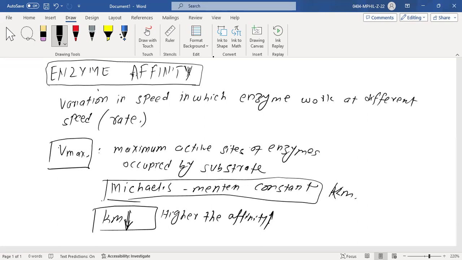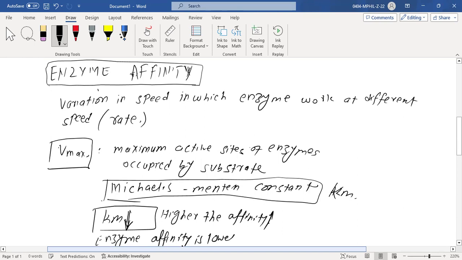For instance, if the enzyme affinity with the substrate is less, what would be the condition? It means the initial rate of that reaction will be low.